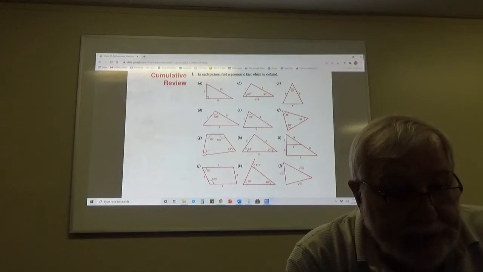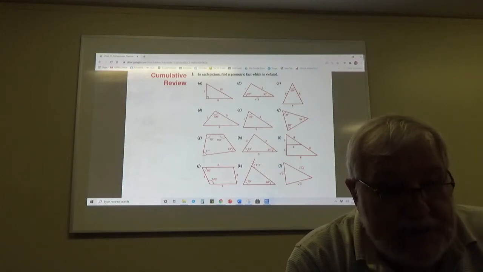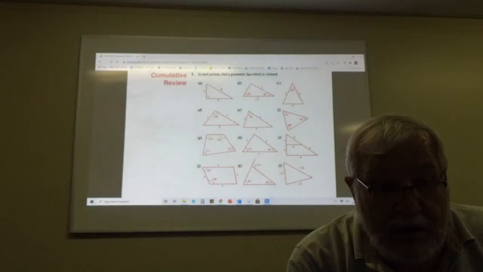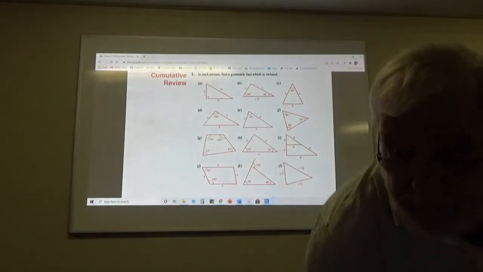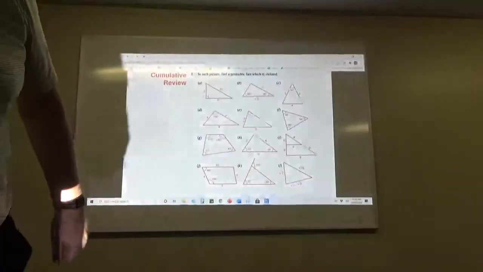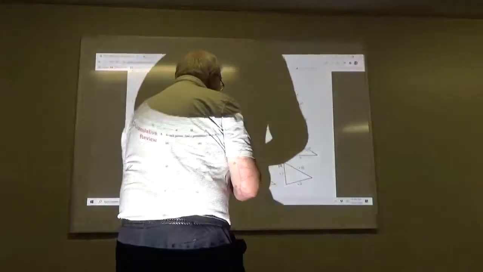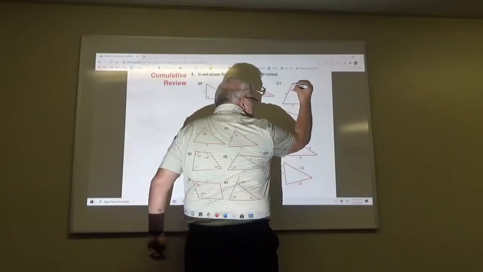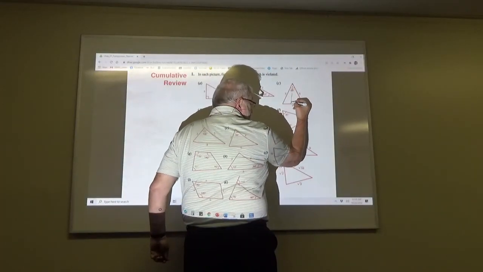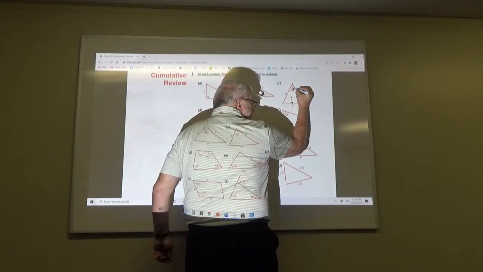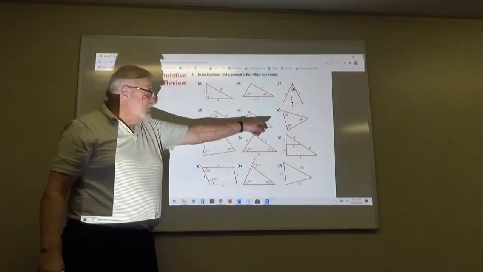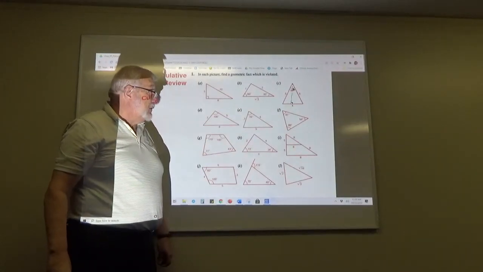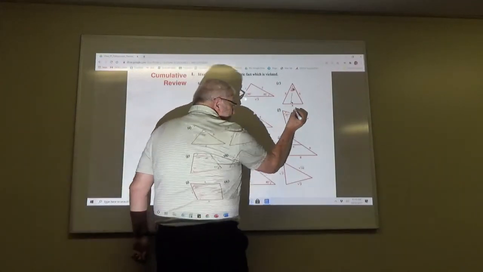Now, in part C, this is an isosceles triangle. If I bring the altitude down here, because it's isosceles, it meets at a right angle and bisects the base, right?